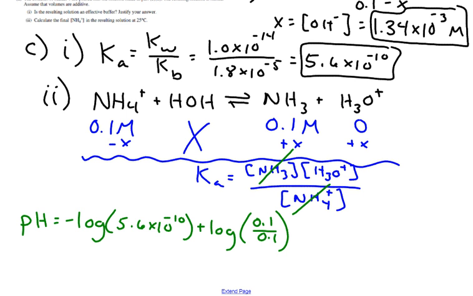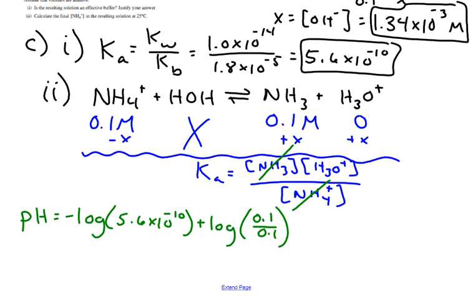But honestly, it's just pKa. And you're done. And then 1 point is earned for the correct pH. It's 9.3.